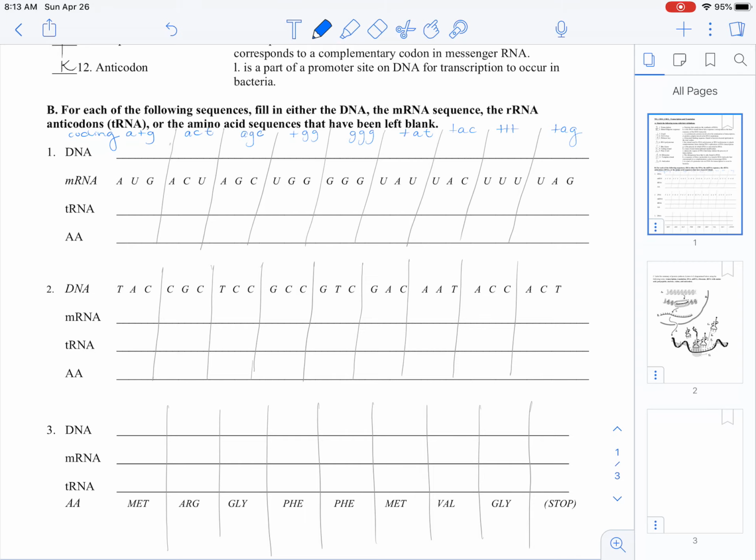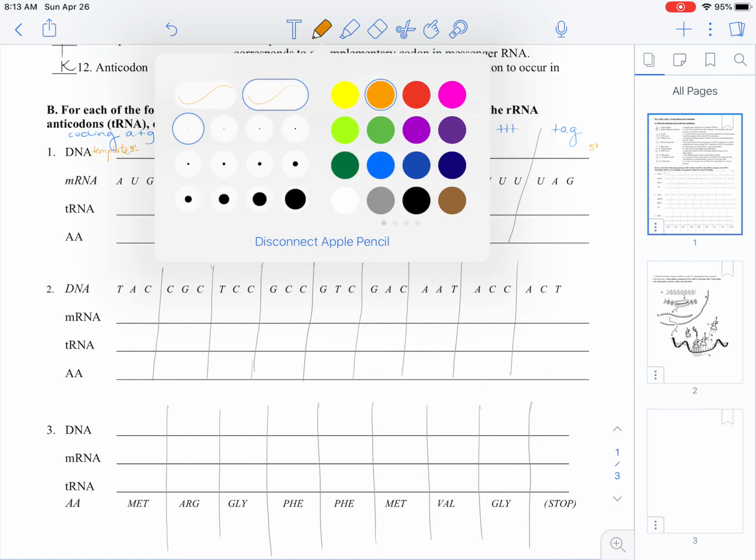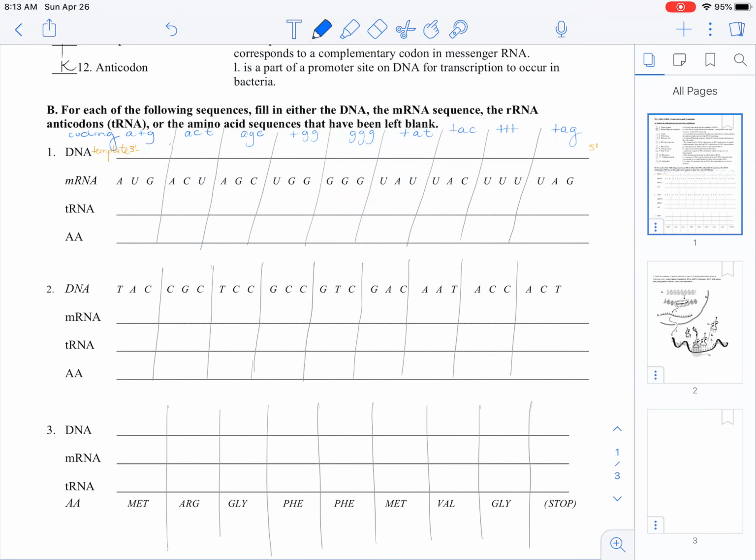Okay? Now I write the template strand, and for the purposes of this course, understand that the template strand is always going to run 3' to 5'. The coding strand will be the one that runs 5' to 3'. That's just for simplifying the whole process.